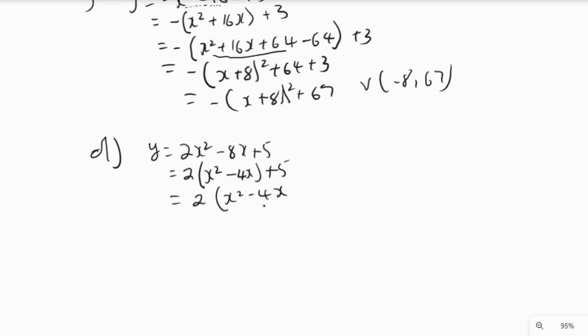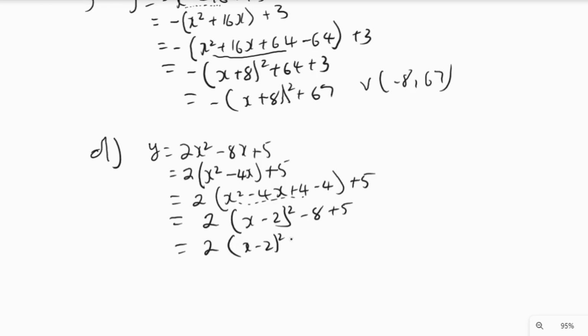Half of 4 is 2. 2 squared is 4. 4 minus 4 plus 5 equals 2. The first three terms, (x minus 2), half of 4 is 2, squared. So the minus 4, I have to multiply it by 2 because I have to take it out of the brackets. So 2 times negative 4 is negative 8. 2(x minus 2) squared minus 3. Therefore, the vertex is (2, negative 3).